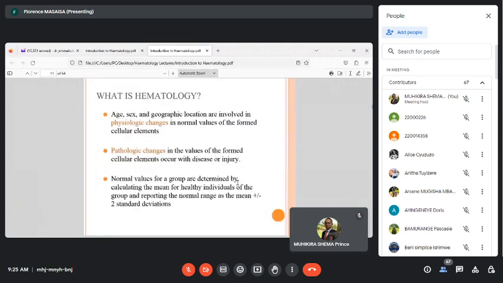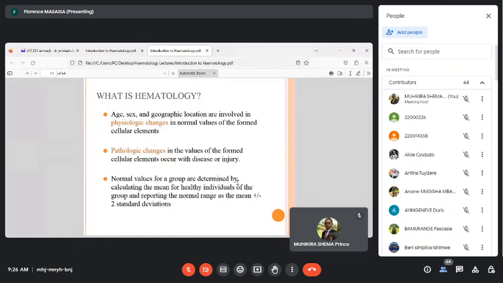So before interpreting hematological parameters, there are some criteria to consider. We have physiological changes, which may depend on the age of the patient. We have gender, we have location of the patient.